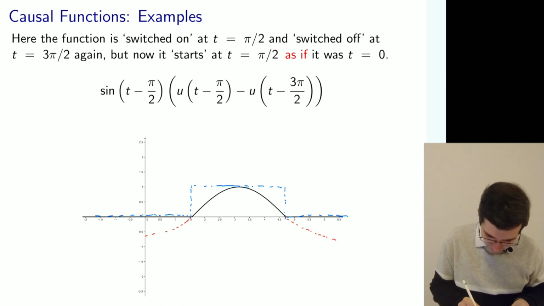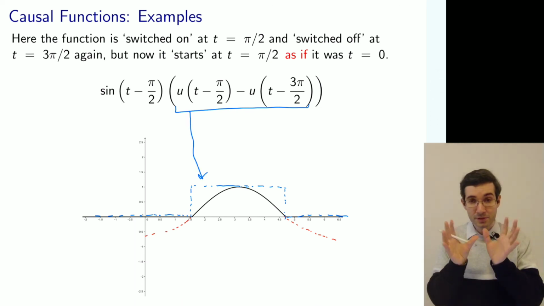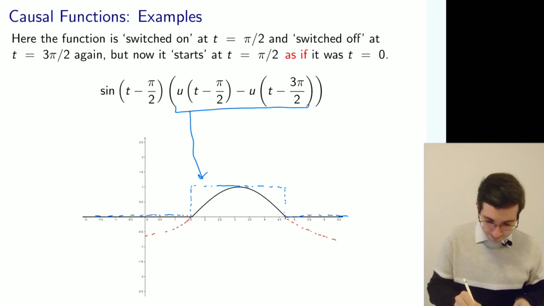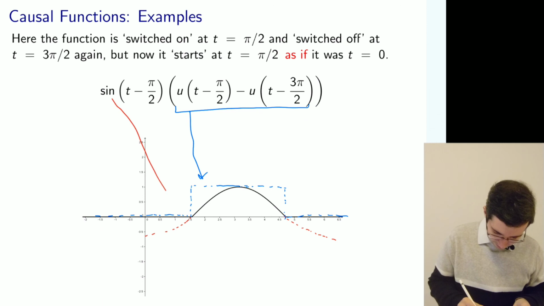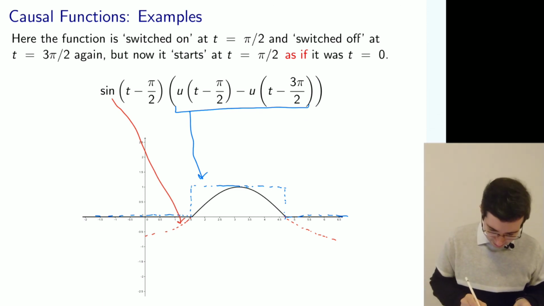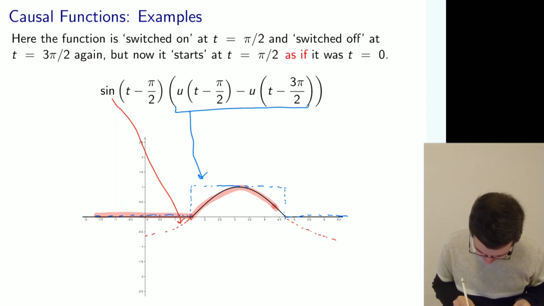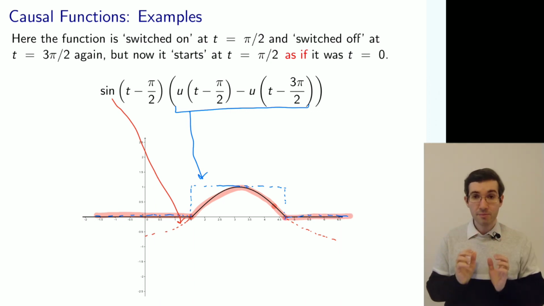This is the difference of two unit step functions. And this is the sine. When you multiply them, you get a continuous function which switches on, stays on for a while, and then switches off. So this hump.